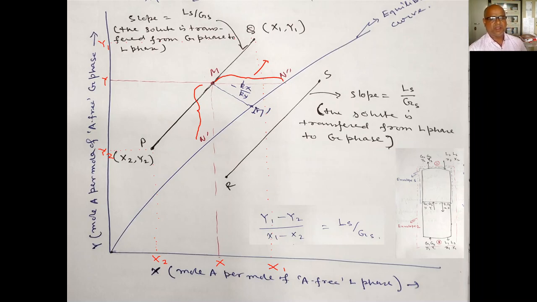So if the gap between the operating line and equilibrium line increases, you will get easy separation, and if they are close, then separation will be difficult.